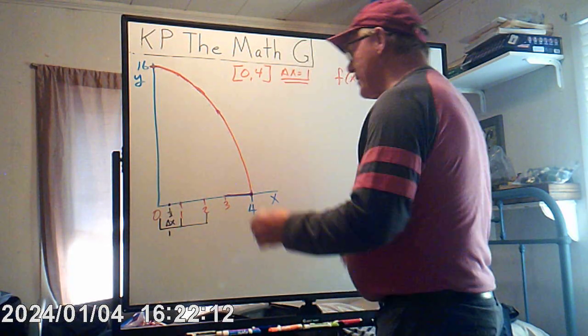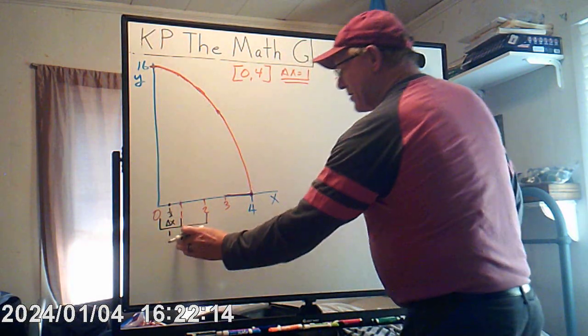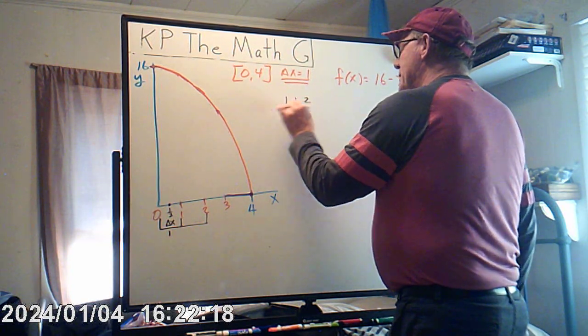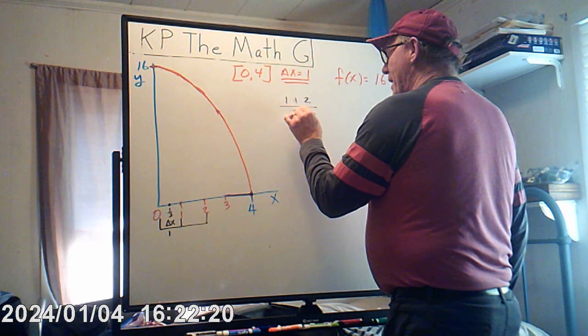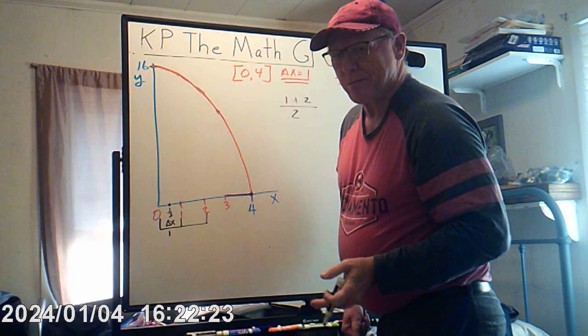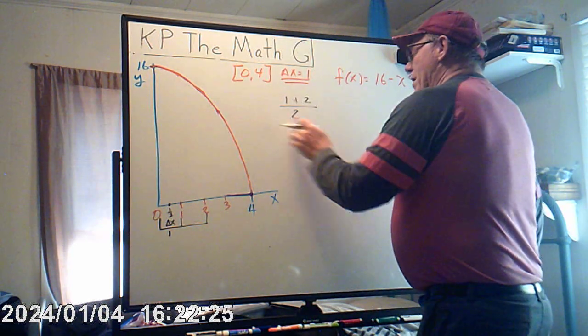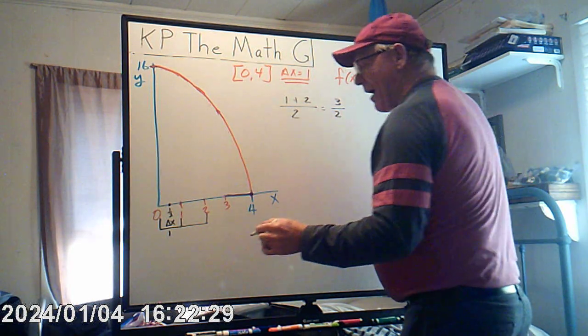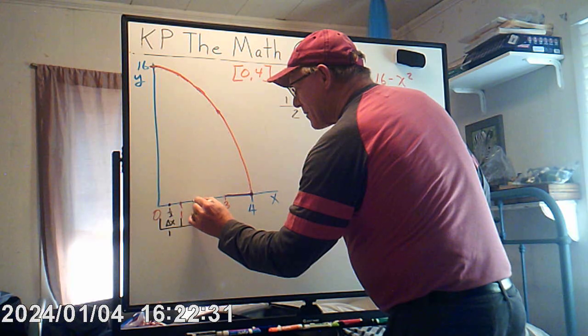It's 1.5. And one way to do it is you can simply add 1 plus 2, and then divide it by 2. That's what midpoint really means. 1 plus 2 is 3. That's 3 over 2, which is 1.5, isn't it? So that's another point right there.